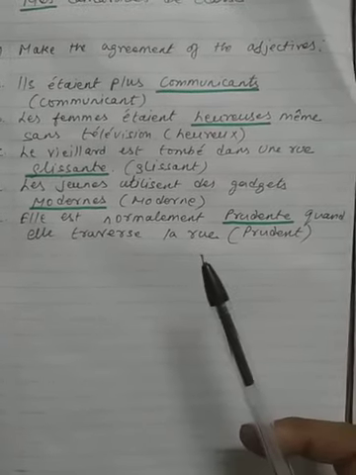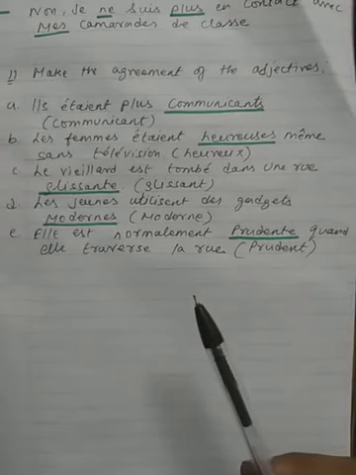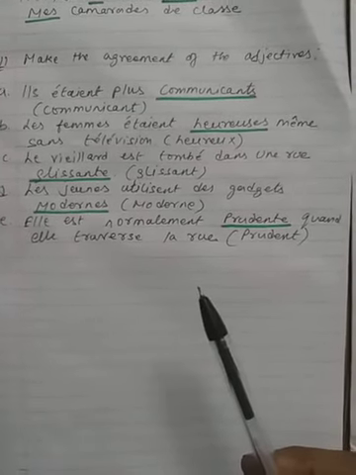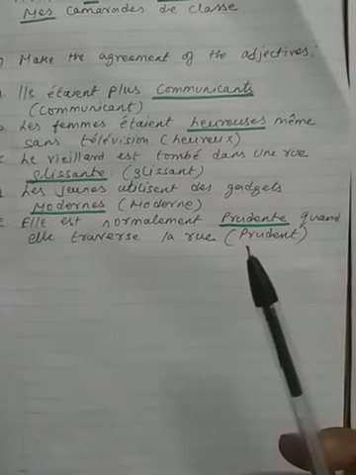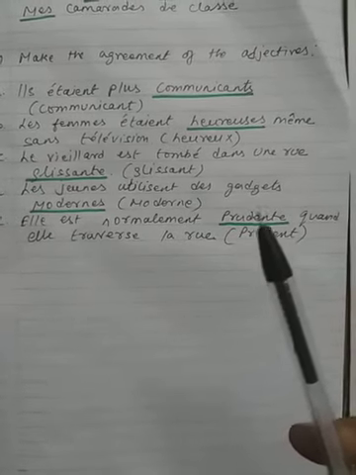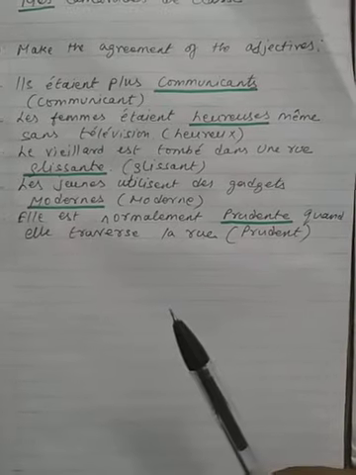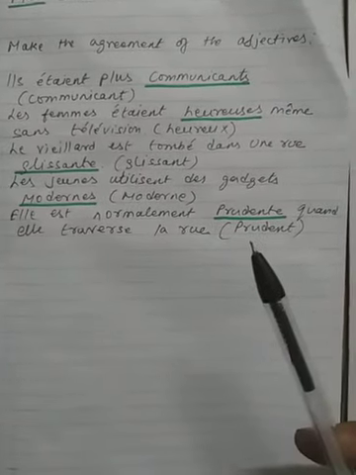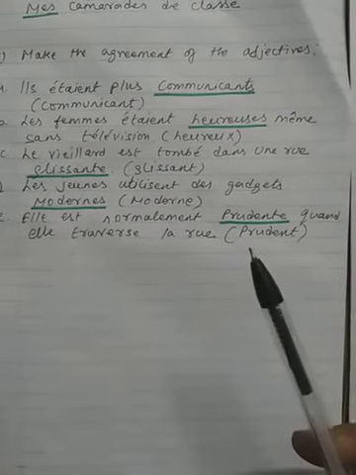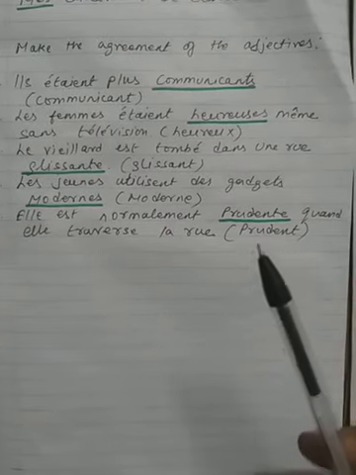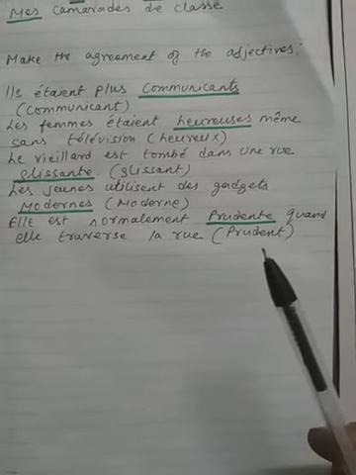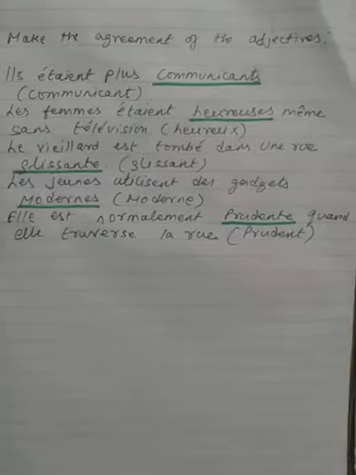That's all for the 11th grammar exercise. You are making the agreement of the adjectives. It agrees with the noun or subject it describes. Adjectives have different forms, regular and irregular, so you have to make the changes in the adjectives. Thank you.